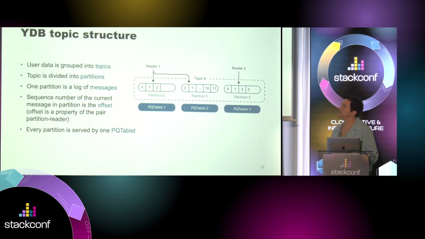So offset is a property of the pair partition and reader. Several readers can read from one topic, and several writers can write into one topic. And we need partitions for scalability, to increase potential write speed to this topic. Every partition is served by its own PQ tablet.